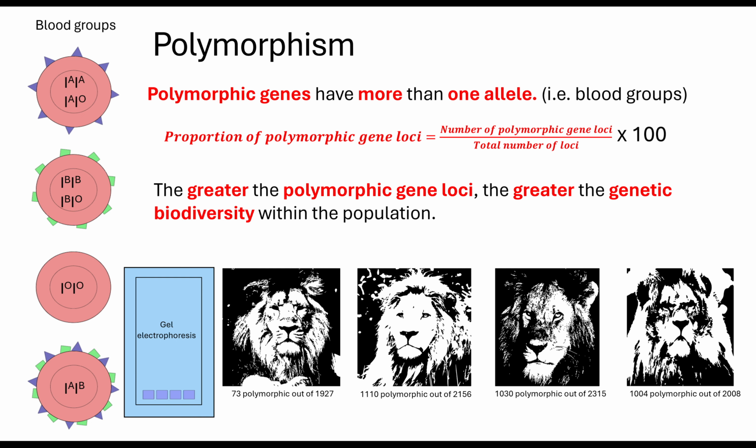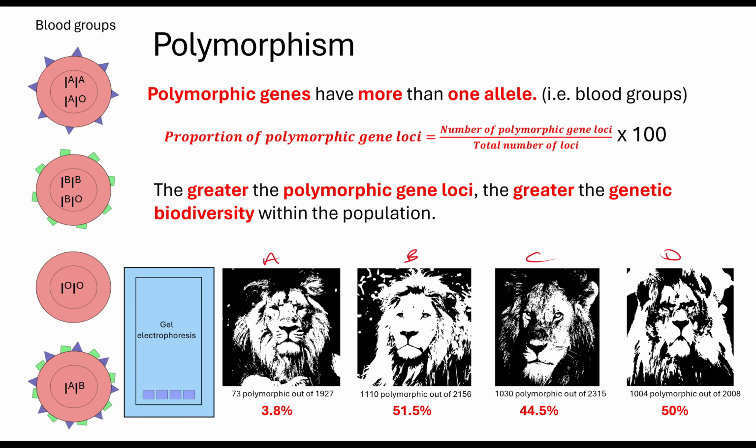I've been told that I've got 73 polymorphic gene loci out of 1,927. If I use the equation, I can work out my proportion of polymorphic gene loci. For each of the individual species, if I call them A, B, C, and D, I can see by working out the proportion of polymorphic gene loci that my population B has a greater proportion of polymorphic gene loci, and therefore the greater genetic biodiversity.